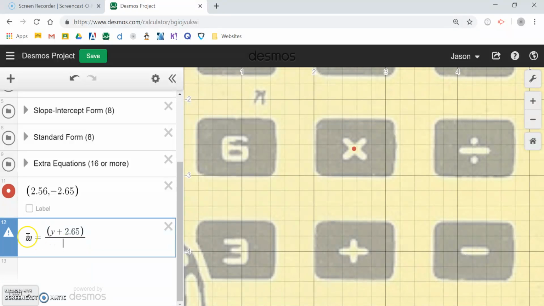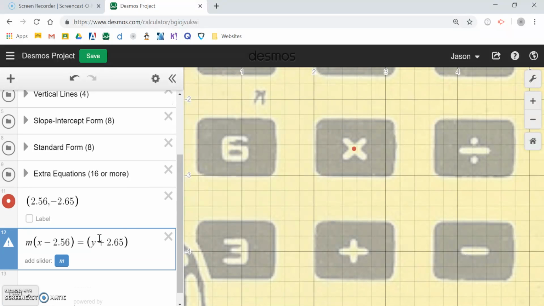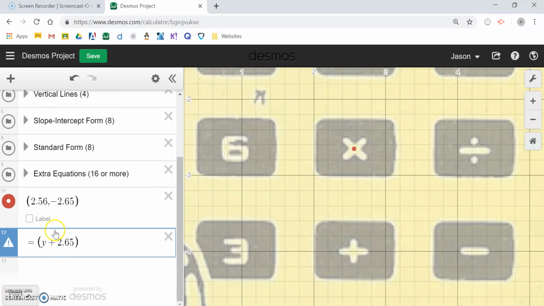So I'm actually going to cut and paste this over here. And I'm going to then cut and paste this out of the fraction mode. And the next thing I'm going to do, so that this looks just a little bit organized, is move this over to the right.